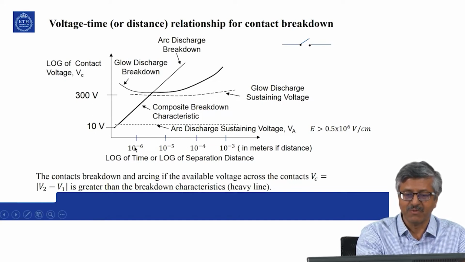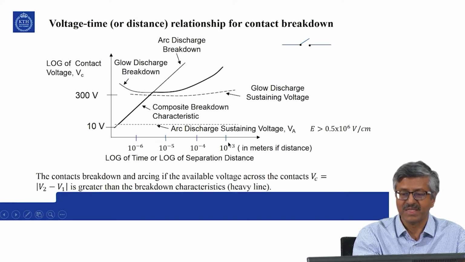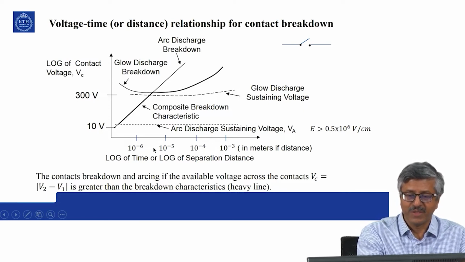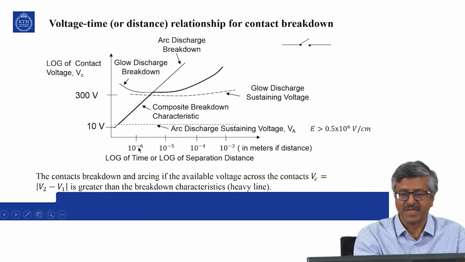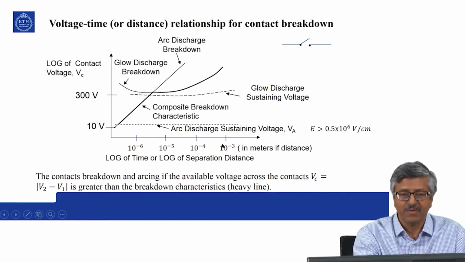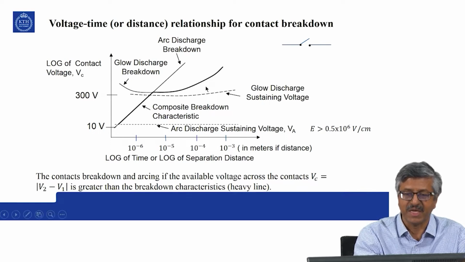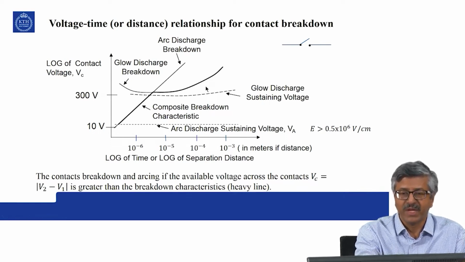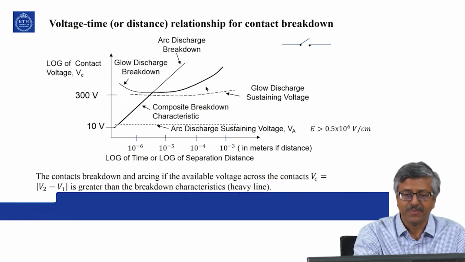Say for example, this is 1 micrometer, this is 10 micrometer, this is 1 millimeter distance of gap, or it can be, if you have certain speed for opening of the switch, it can be in terms of time also, this axis. So, what is expressed here is a voltage time relationship, a composite breakdown characteristic that is being expressed here. So, it is a voltage time relationship for contact breakdown.